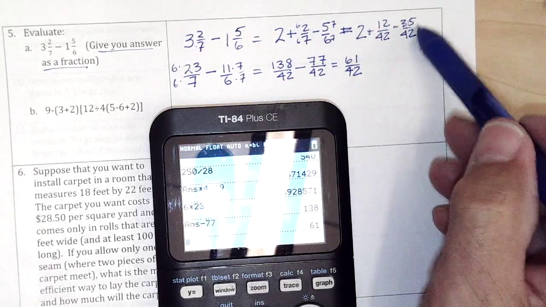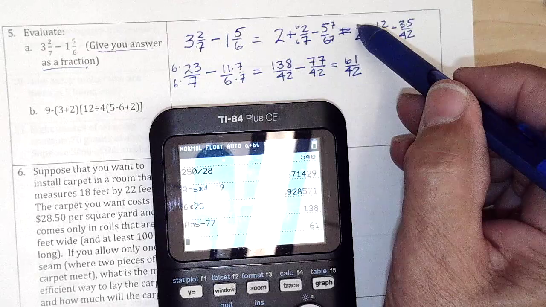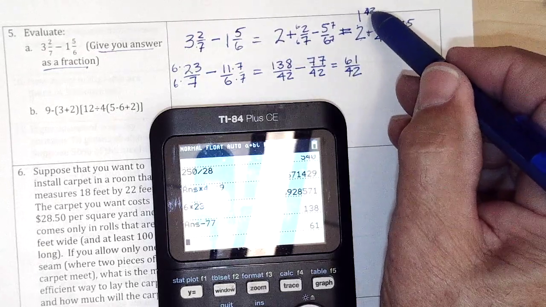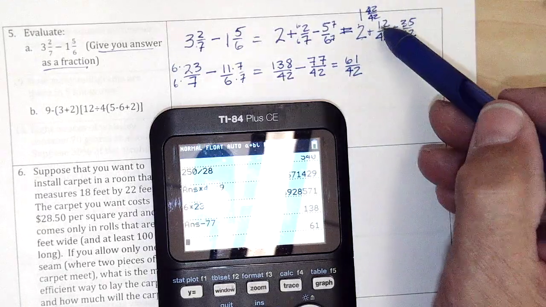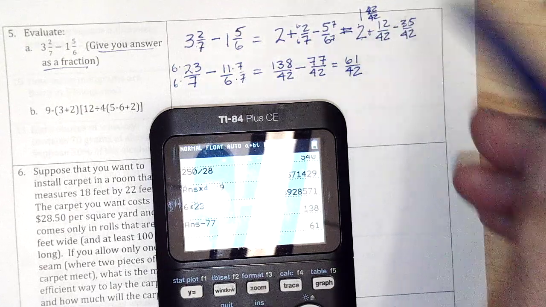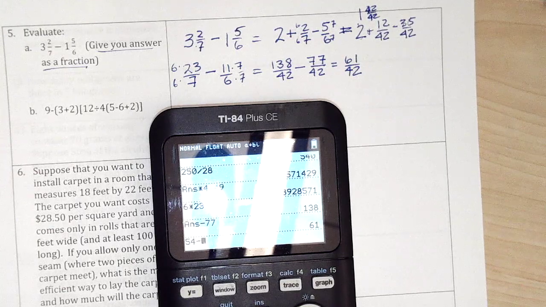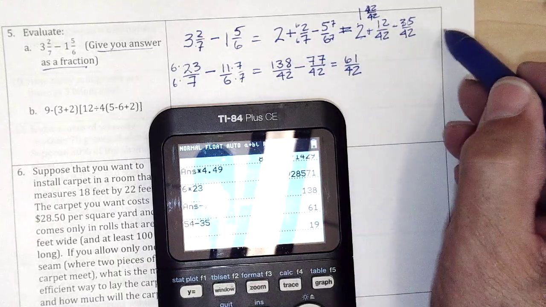And so this would come out to be minus, so I need to borrow from this. So I'm going to borrow 1 from the 2, call it 1, and 42 42nds, plus the 12, that's 54 over 42. So 54 minus 35 is 19.